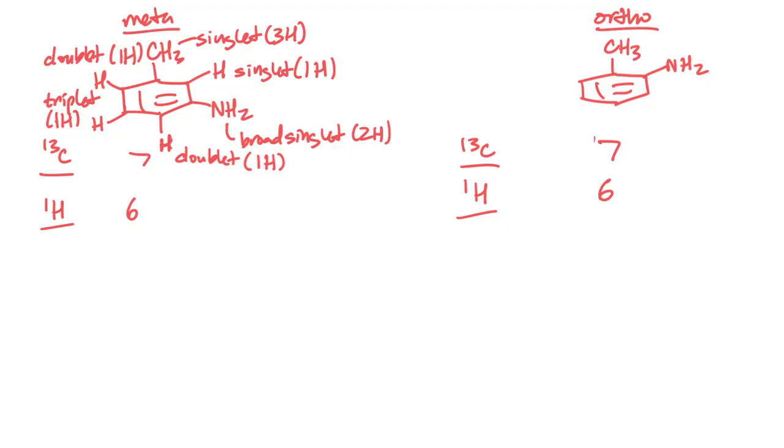But let's do the same analysis of the neighbors and see if anything is different. The methyl group, nothing changes there. That's still going to be a singlet, the 3 H's, so no differentiating. The NH2 will still be a broad singlet, 2 H's.